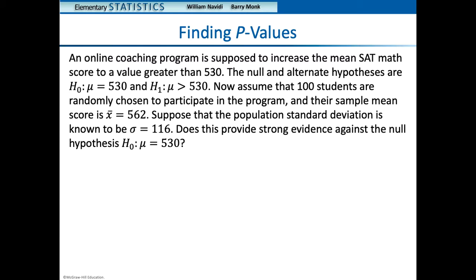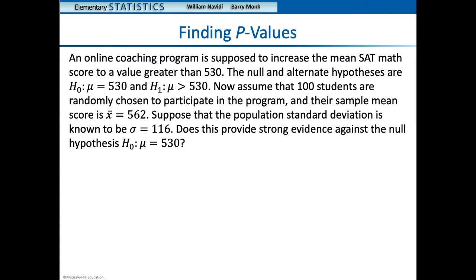Now, let's assume that 100 students are randomly chosen to participate in the program. So we do a simple random sample of 100 students. They all participate in the program, and after the program, they all take the SAT, and we compute the mean of their SAT scores. And the sample mean is 562.